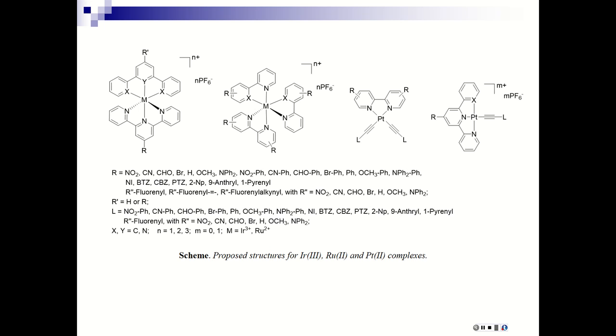Therefore, the emission color can be tuned. So the monocationic iridium complex is widely studied for OLED applications. There are certain companies already producing green or red emitting iridium complexes.